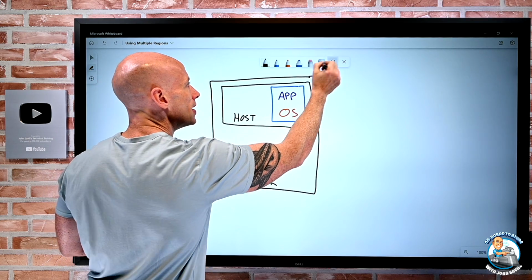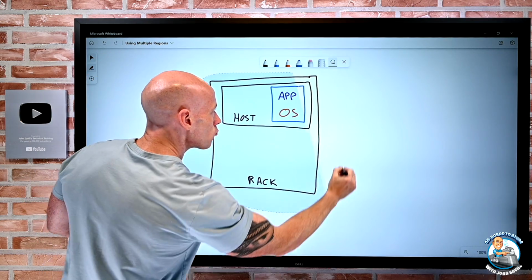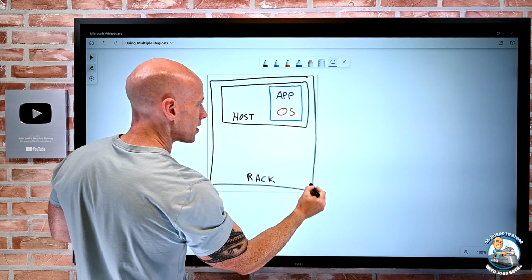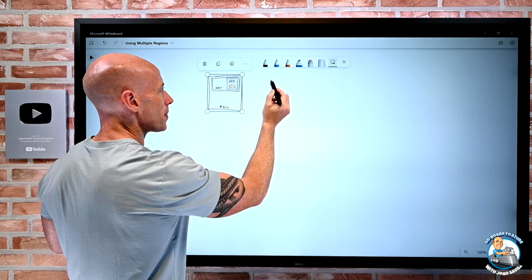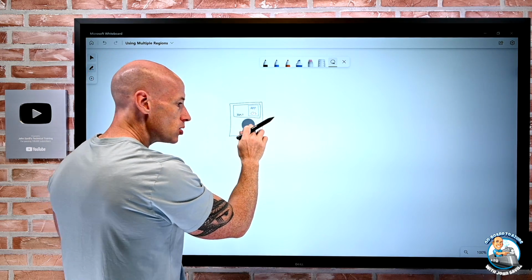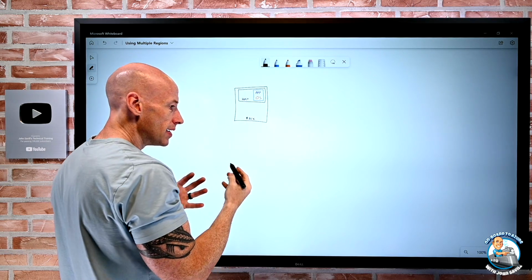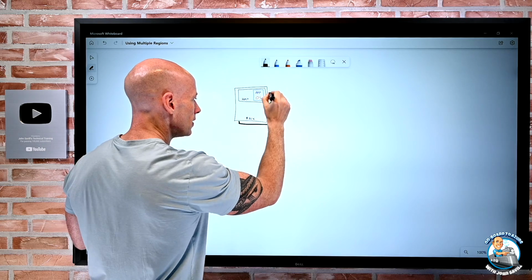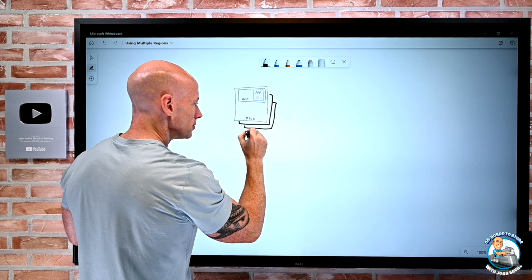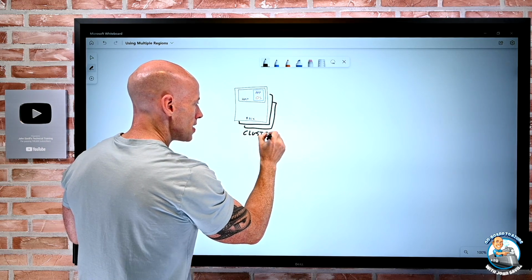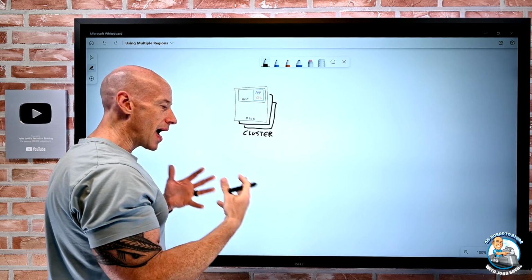app. And then obviously this rack itself, let's shrink this down just so I can make things a little bit easier. So if we've got this rack, well, that rack itself is part of a cluster at a fabric level in Azure.